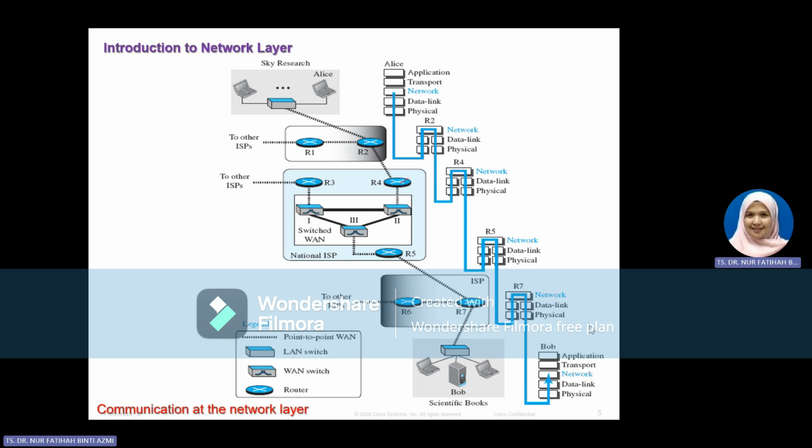What you need to understand from this figure is that the network layer enables end-to-end communication between Alice and Bob.